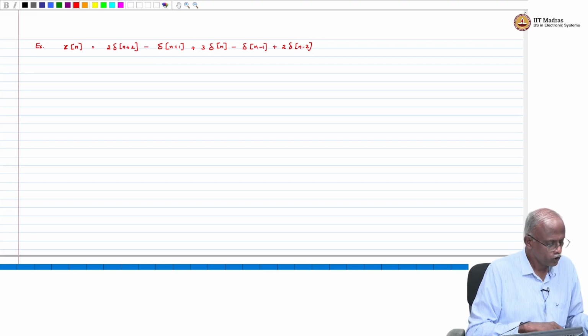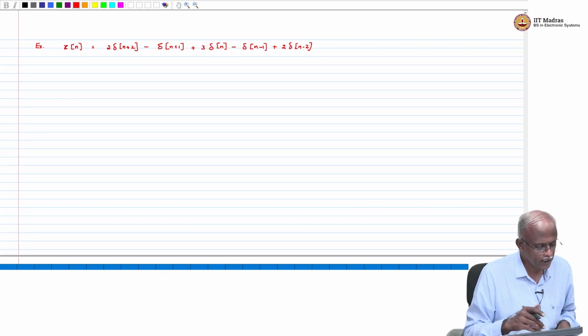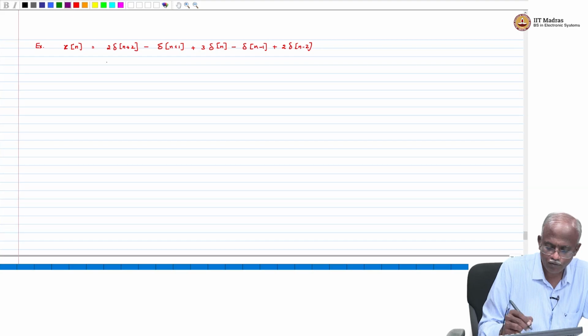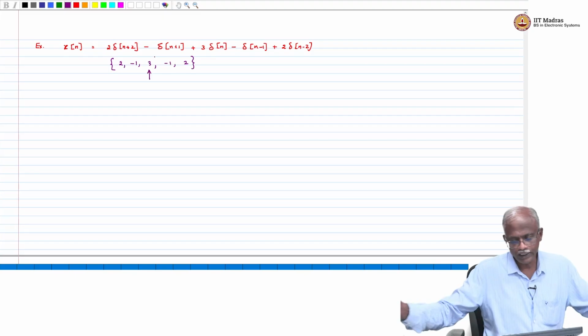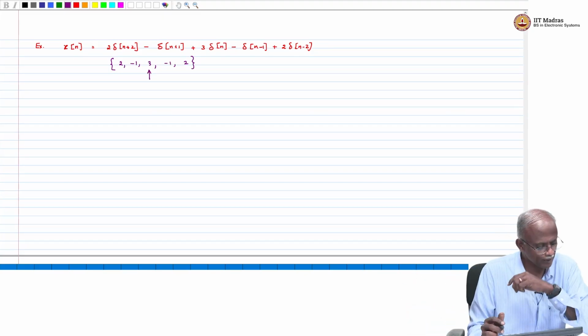Okay. So, what you have here is a sequence which can be written in the following form: 2, minus 1, 3, minus 1, 2. Outside this window, it is zeros on both sides. You can write them zeros, or you can skip that.